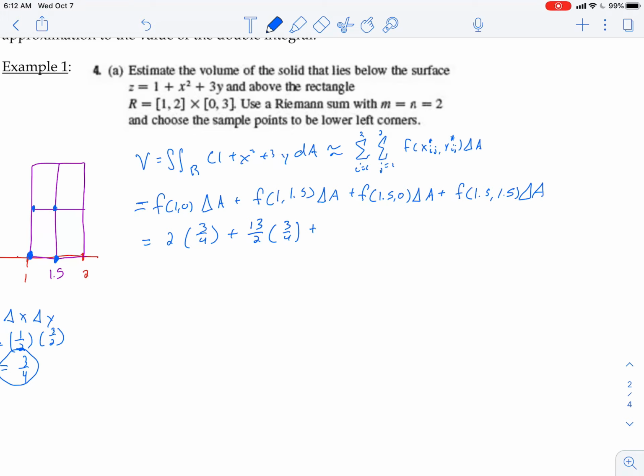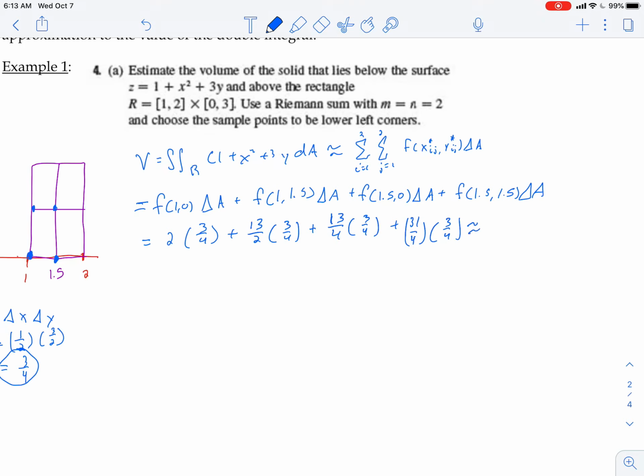Alright, when we plug that in, we get 13/4. And then don't forget to multiply by the delta A. And then plus, finally plug in (1.5, 1.5), and we're going to get 31/4, not 31.4, times 3/4.